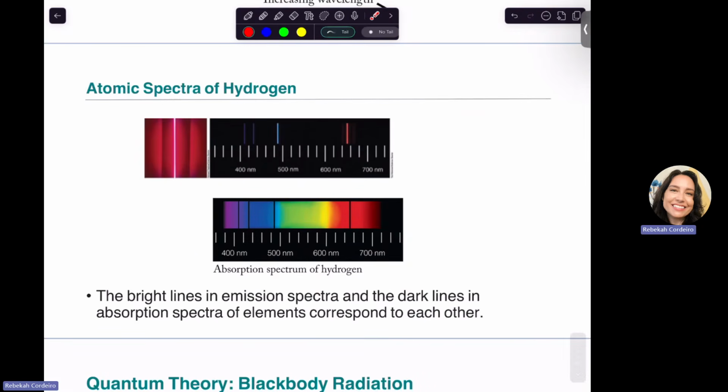Basically, how we figured out the structure of where electrons are in the atom, we'll talk about this in the next video, is based on atomic spectrum and based on the fact that a chemist named Niels Bohr looked at light given off by hydrogen in a tube and he sent electricity through it.